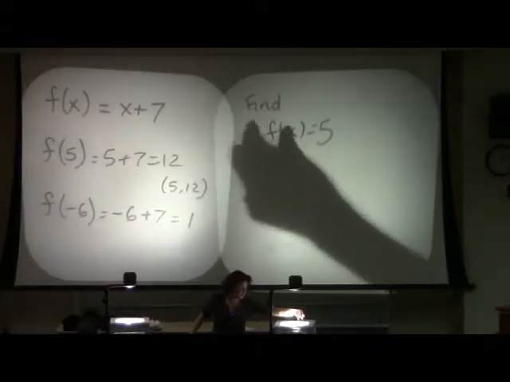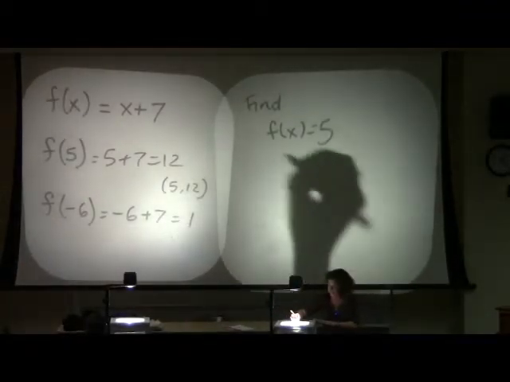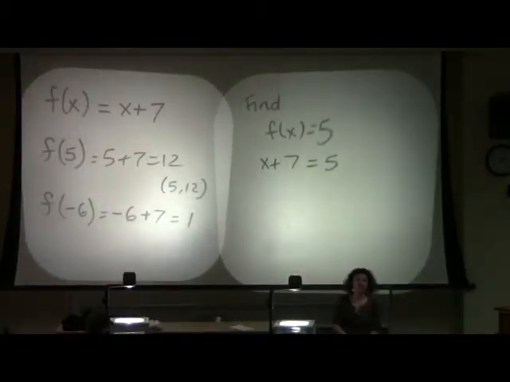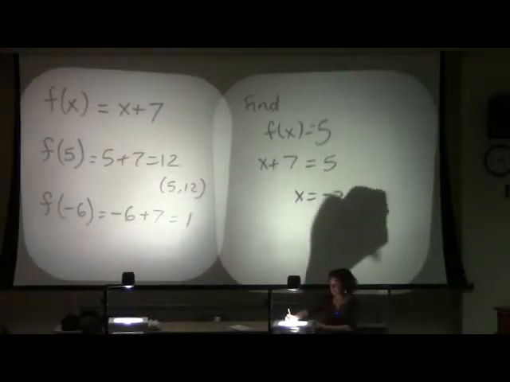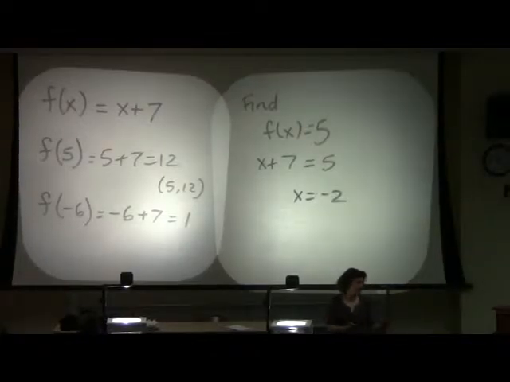Over here what I'm saying is, take your function f of x, in this case x plus 7, and set it equal to 5. And therefore, we're actually finding our x values. Do you guys agree x is negative 2 in this situation? Do you see the difference here?